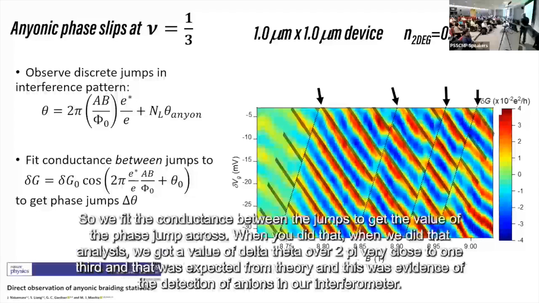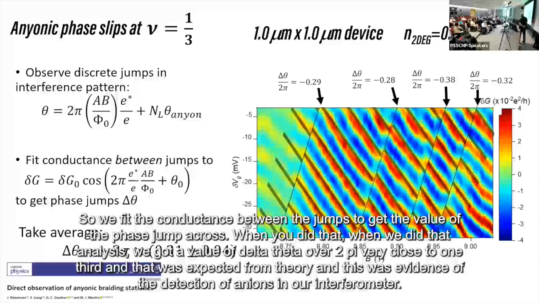So we fit the conductance between the jumps to get the value of the phase jump across. When we did that analysis, we got a value of delta theta over 2 pi very close to 1/3, as expected from theory. And this was evidence of the detection of anyons in our interferometer.